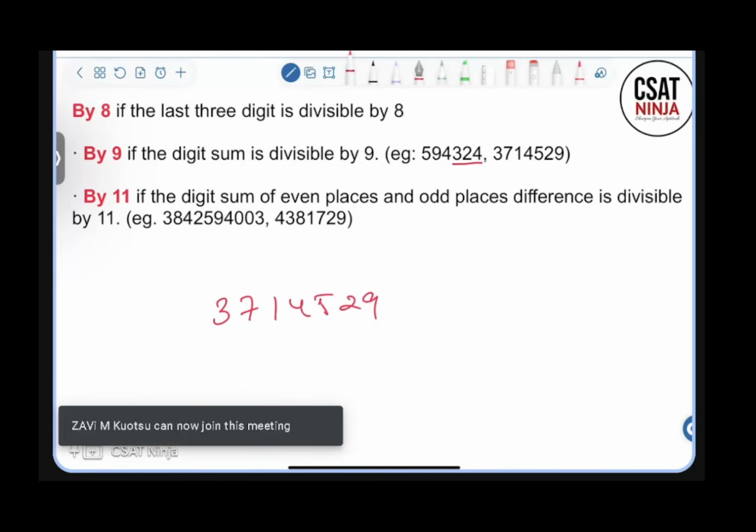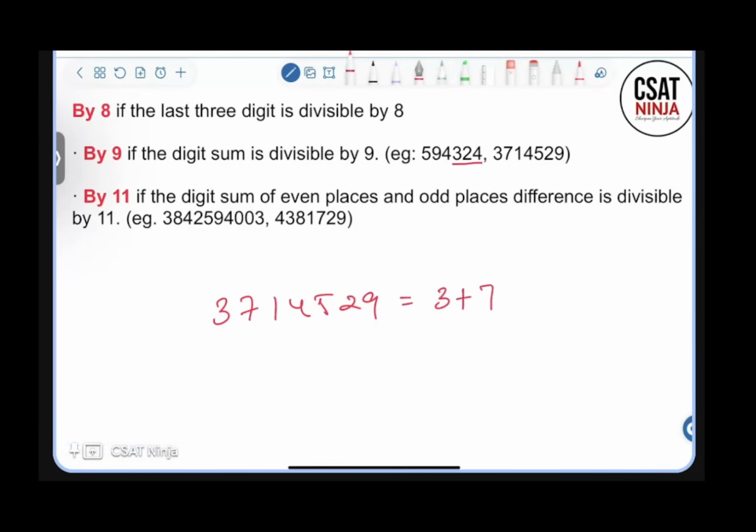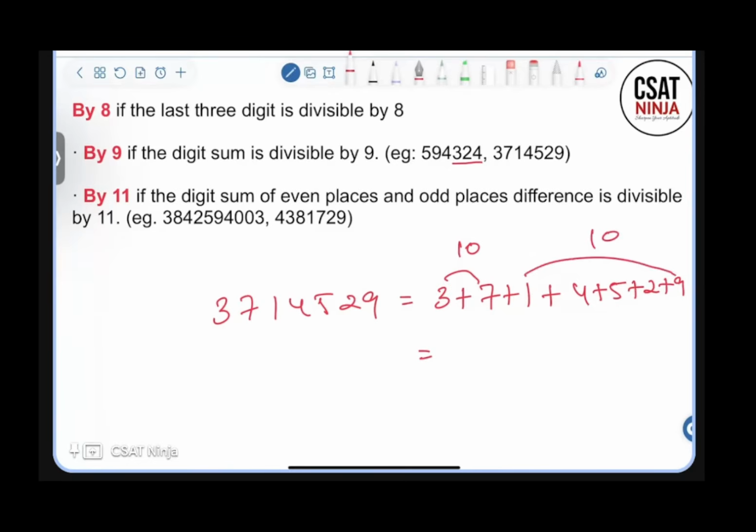The sum of the digits is 3 plus 7 plus 1 plus 4 plus 5 plus 2 plus 9. Let us sum this. 3 plus 7 gives me 10, 9 plus 1 gives me 10, and 5 plus 4 gives me 9 there. So 20, 29, 30, 31. So 31 is what I'm getting.